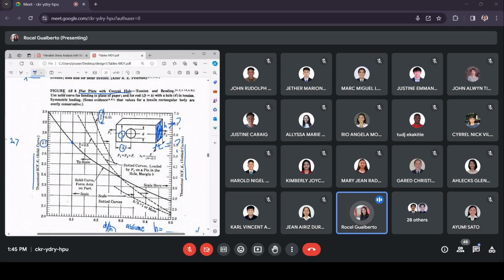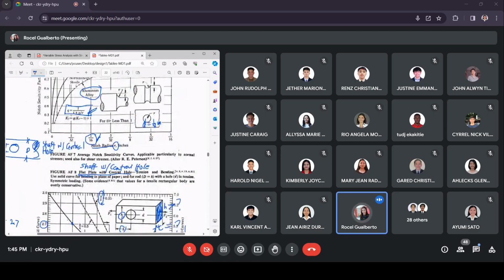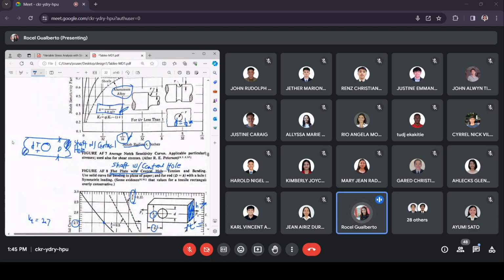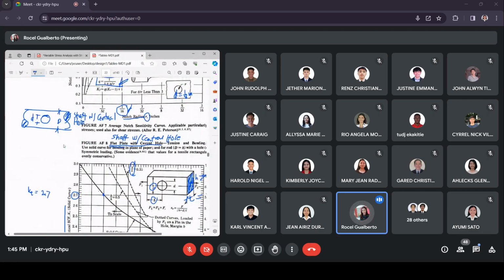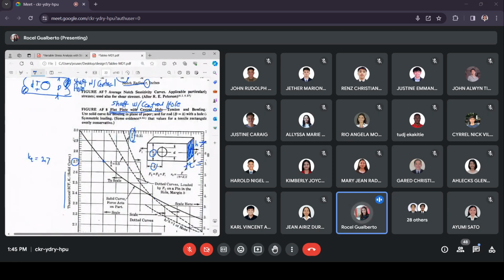We can modify this figure AF8. Instead of a flat plate, we can have it simply as a shaft, meaning a circular cross section, with a central hole. So we can make use of figure AF8 for this particular sample, a shaft with a central hole. We only need to modify it.